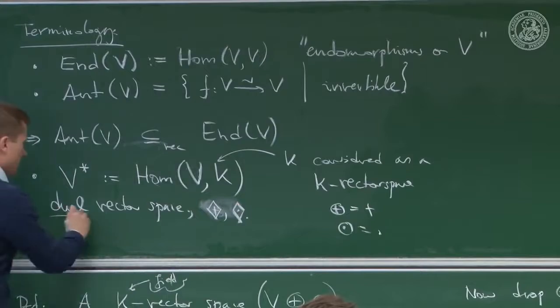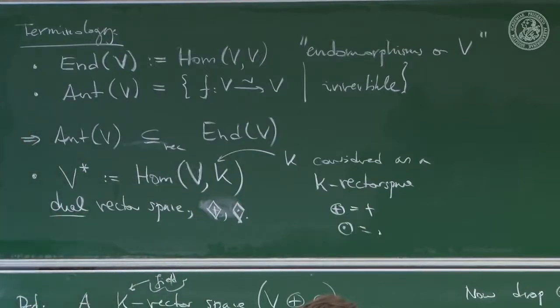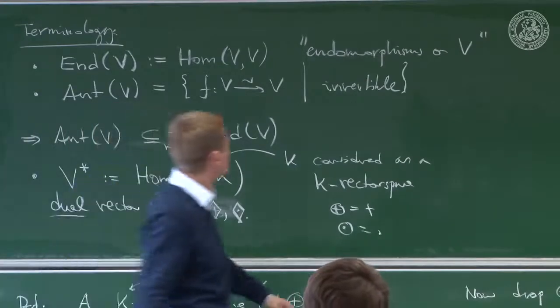And this dual vector space will play an important role because from a vector space and its dual, next time we're going to construct all the, no, we have 3 more minutes, so we do it now. Definition.